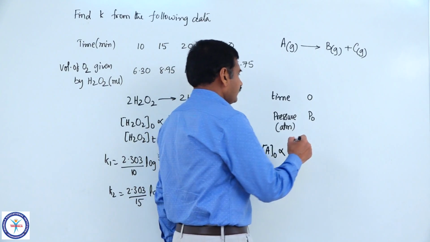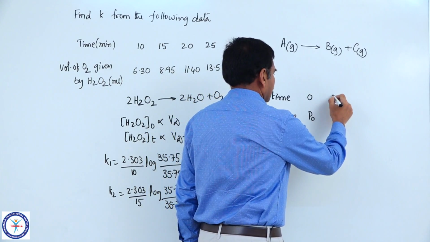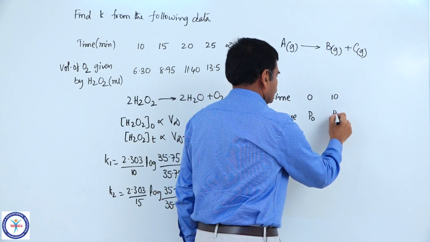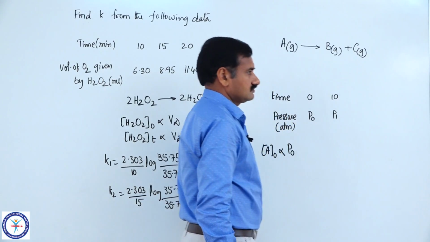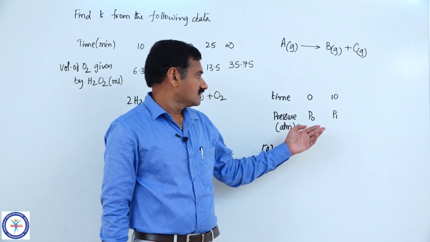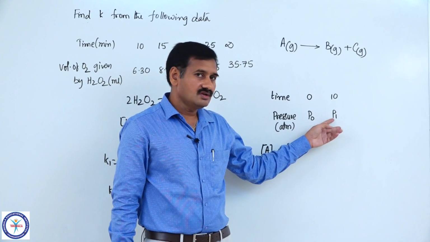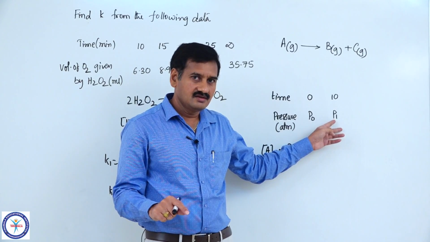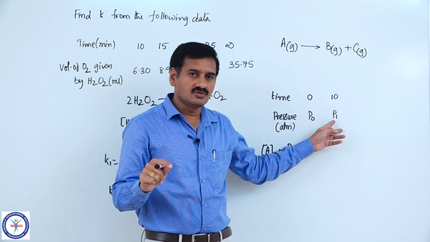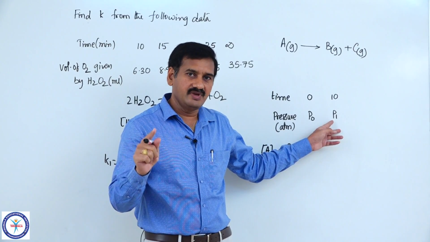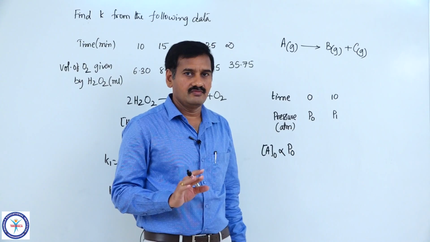Now, after some time, say some 10 minutes, if the pressure observed is some P1, now do you think this pressure P1 is only because of gas A, or is it due to unreacted gas A and the gases B and C produced?